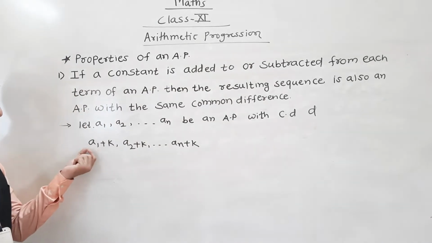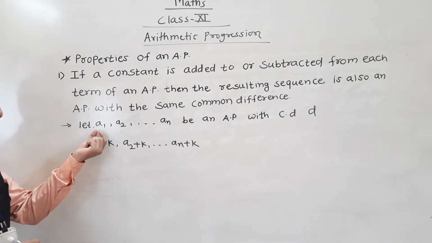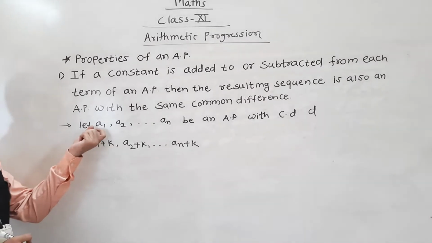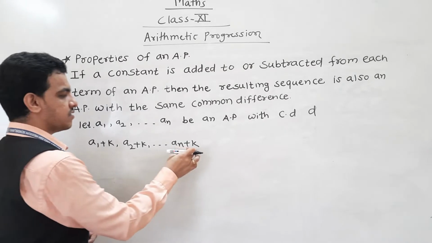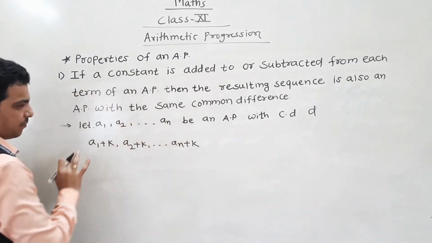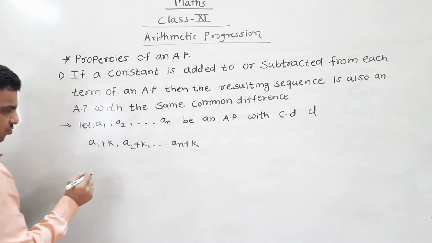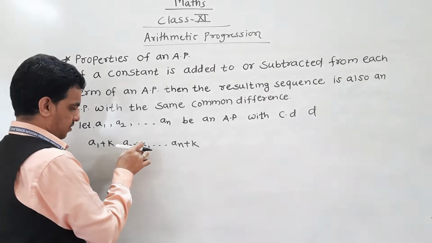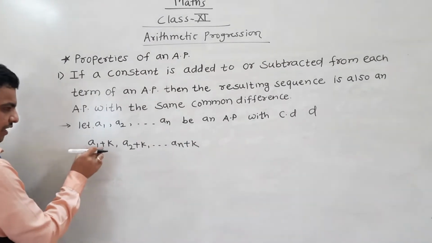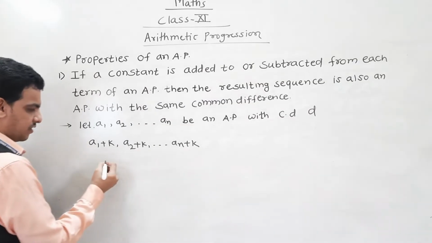So if we add or subtract a constant number to each term of an AP, then this sequence is also an AP with the same common difference. How do we show this? A1 plus k, A2 plus k are the terms.